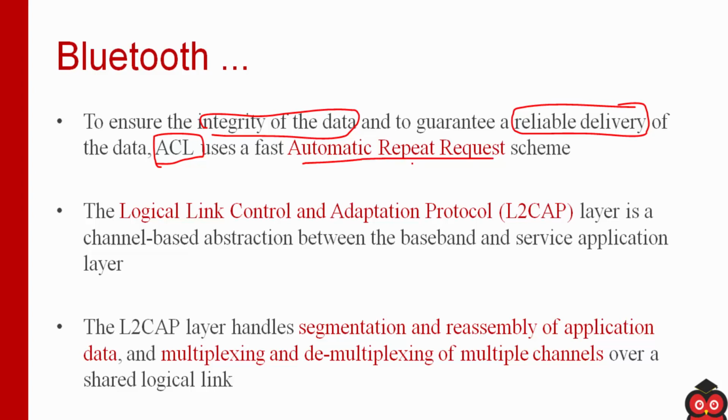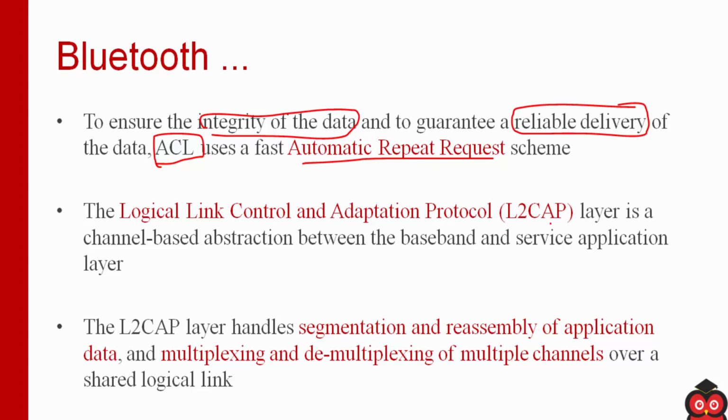Whenever data is being sent through the channel, if there is any error in the data, then a request is automatically sent to the sender, like the data is corrupted, resend it again. That is automatic repeat request.